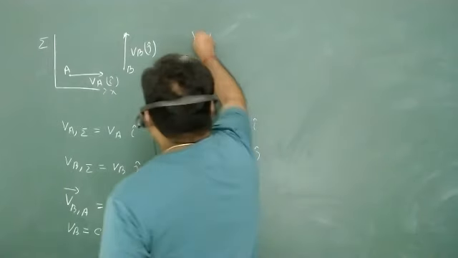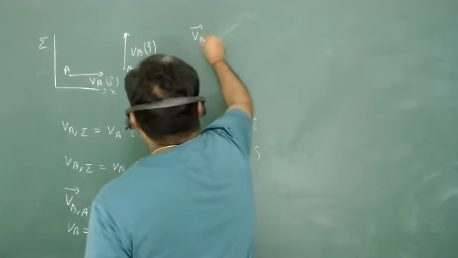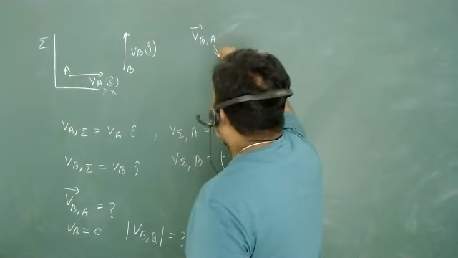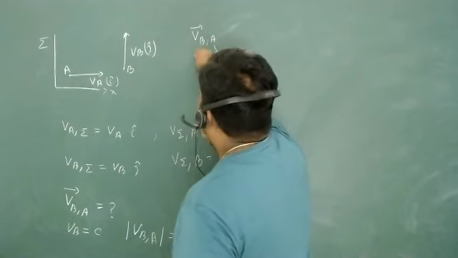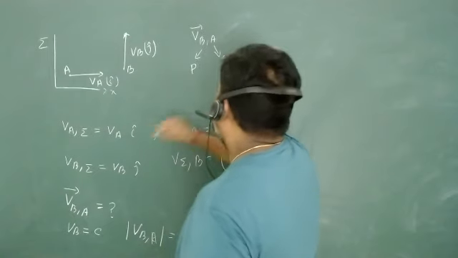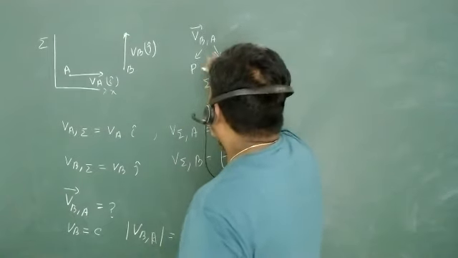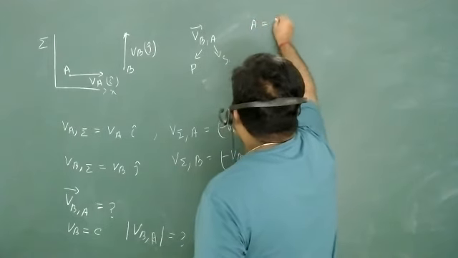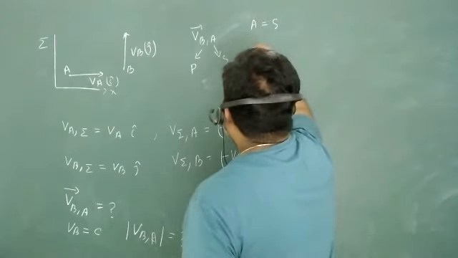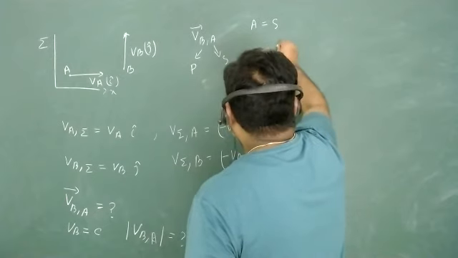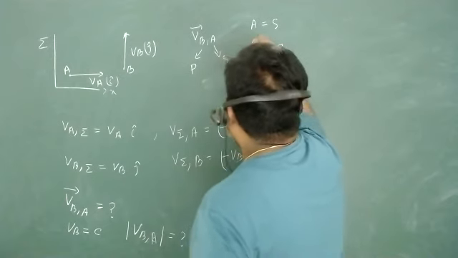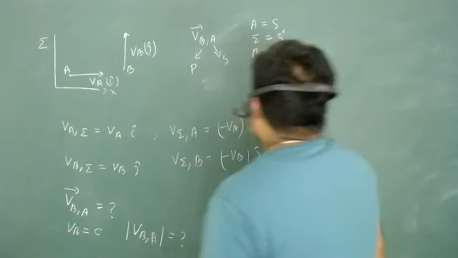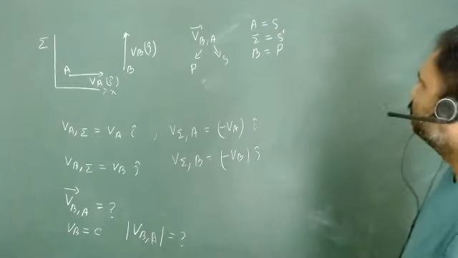We have to calculate the velocity of B with respect to A. So what is my A? A is my S frame, B is my particle. So again, what is my sigma? A is equivalent to the S frame, B is equivalent to the particle, and obviously sigma is my S dash.